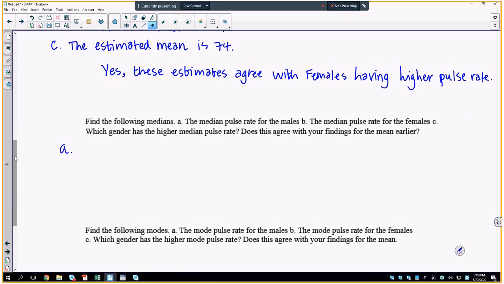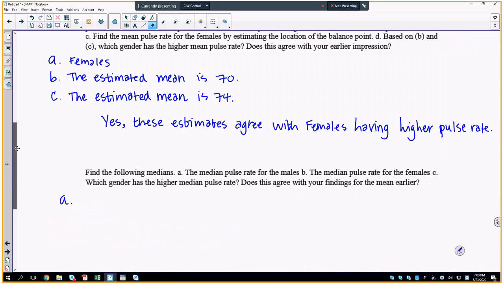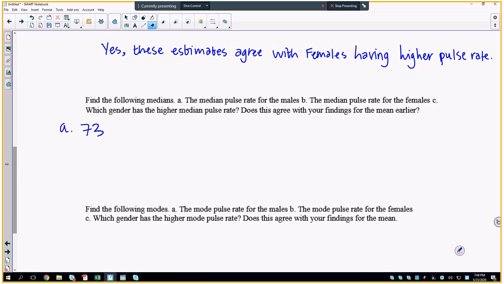The median is 73, we said, and 76 for females. So which gender has the higher median pulse rate? Again, the females.